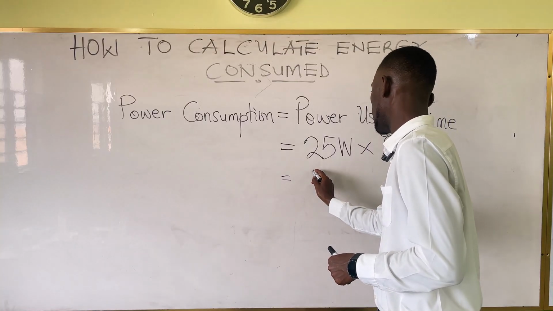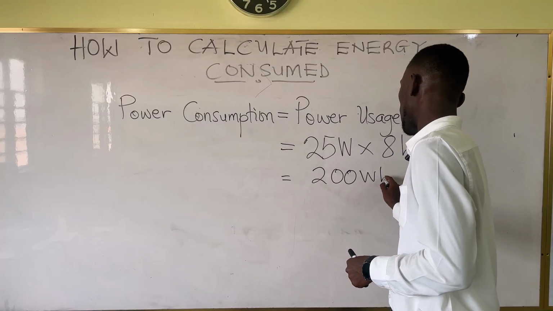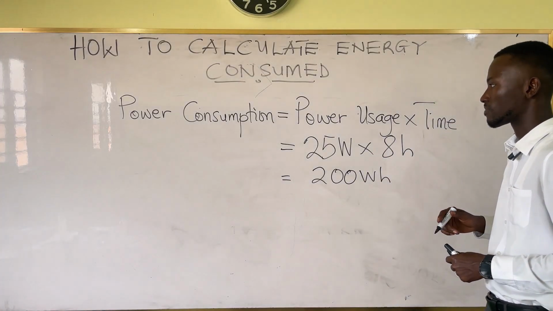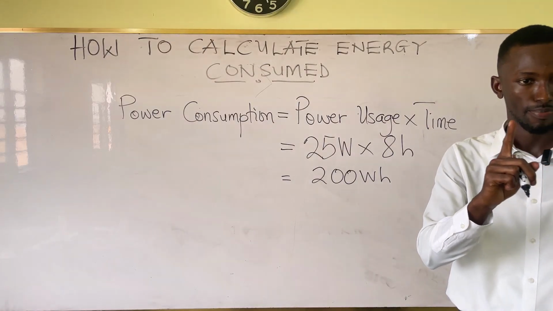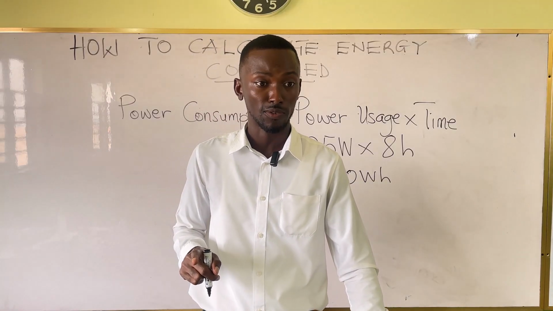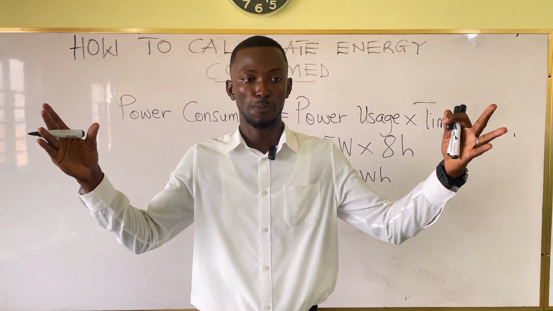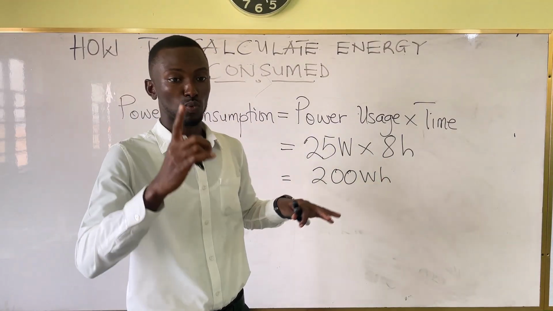So this will give us 200 watt hour. But look at this. This is the power consumption per day. But how long are we to find the power consumption? We have to find it for 1 month.